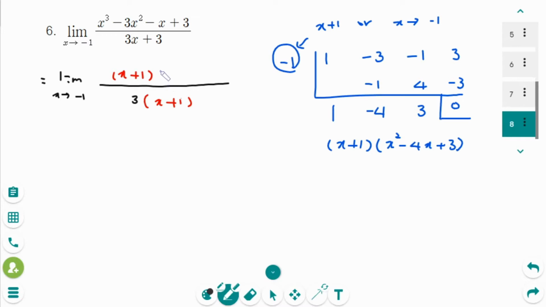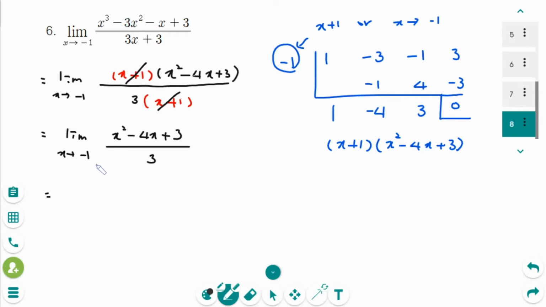So this factored form is like this. Because x approaches minus 1, we have the same common factor, x plus 1, and then cancel the common factor. Simplify.